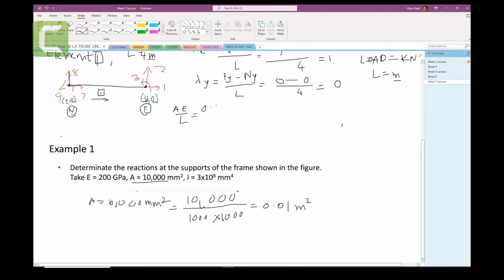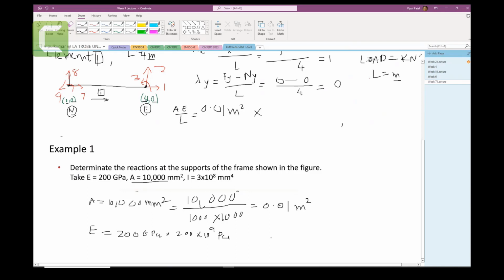So 0.01 meter square is the area, times the Young's modulus, which is given as 200 gigapascals. In that case, we can say 200 times 10 raised to power 9 pascals.